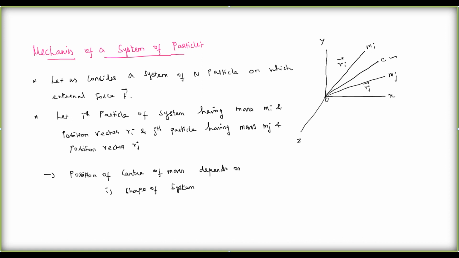Then second one, the distribution of mass in the system. So in this place we have the distribution of mass in the entire system. So this is the construction we have to understand before going to the derivation part. Okay, good.